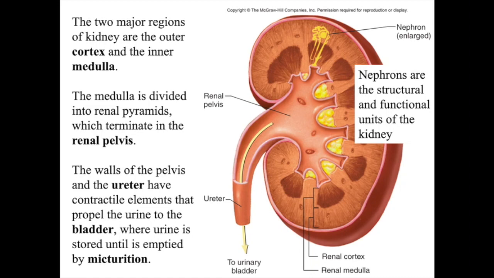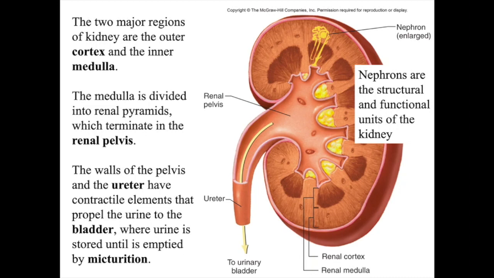The renal pyramids terminate in a region called the renal pelvis. All the urine drains into this renal pelvis, and then from the renal pelvis, the urine will be drained into the ureter and then the urinary bladder.